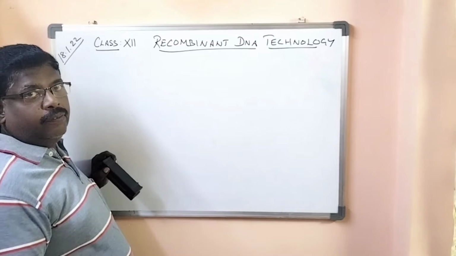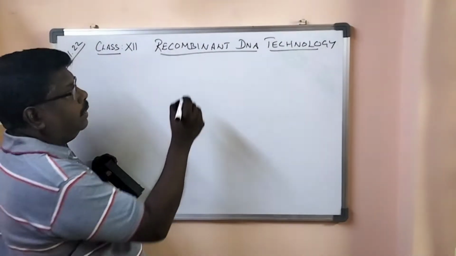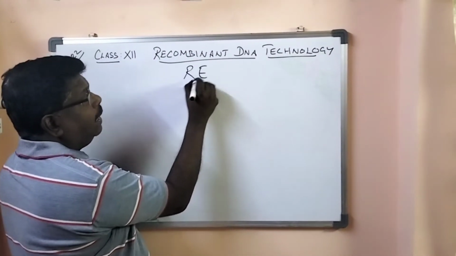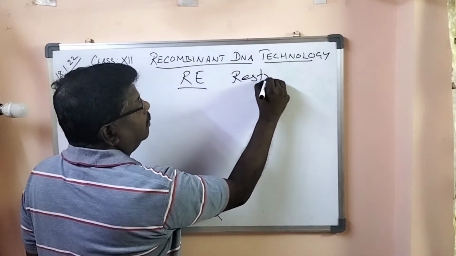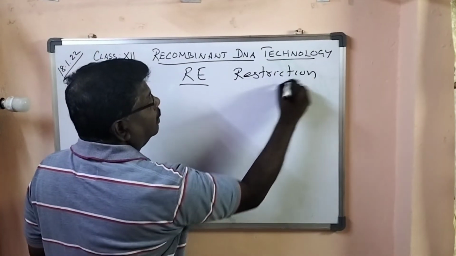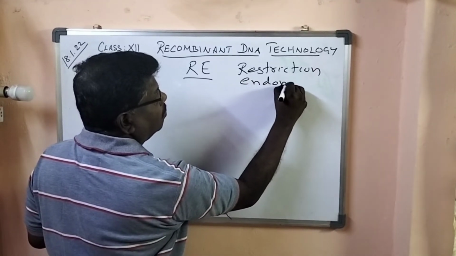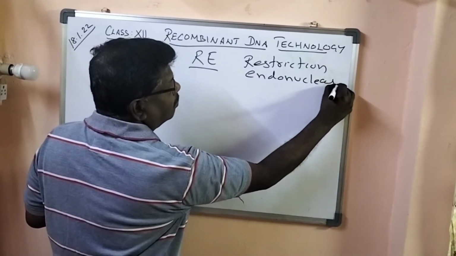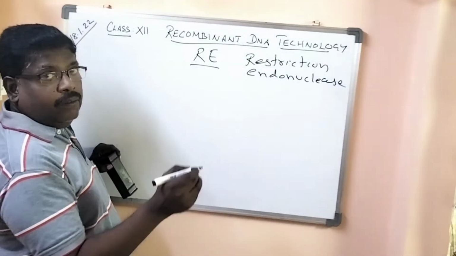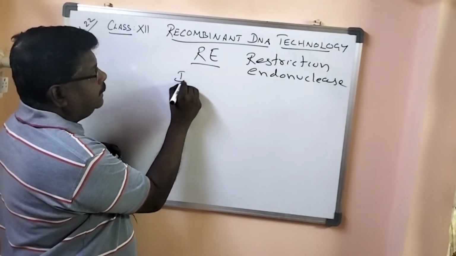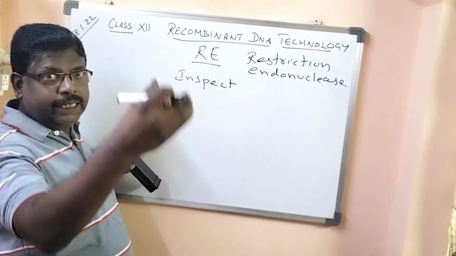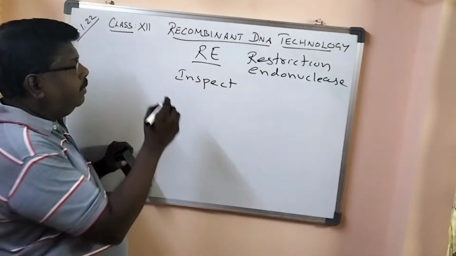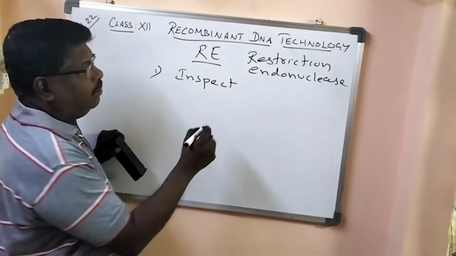Now we'll see the functions of the restriction endonuclease. Whenever I write RE, it is restriction endonuclease. First of all, this enzyme will inspect the entire DNA strand. First thing is inspection.